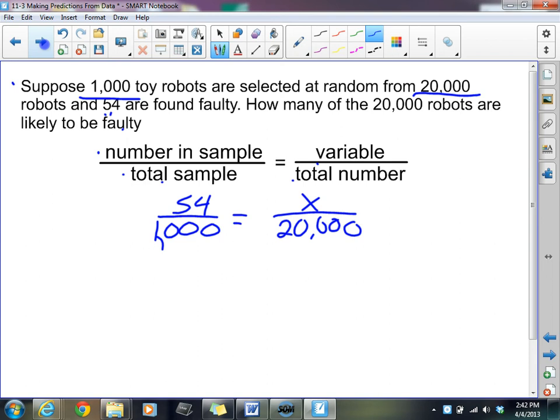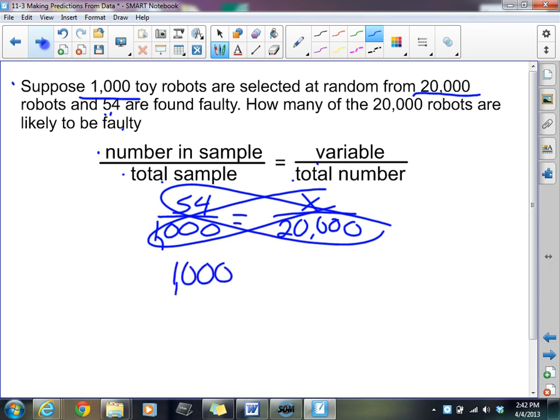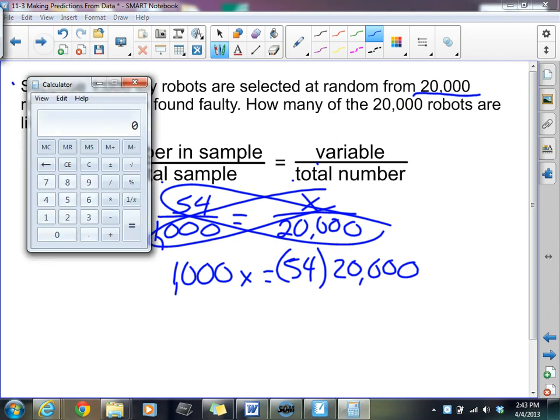And now let's solve. Remember, we're going to cross multiply. So 1,000x is going to equal 54 times 20,000. All right, I'm going to pull my calculator here just to make things a little bit easier.